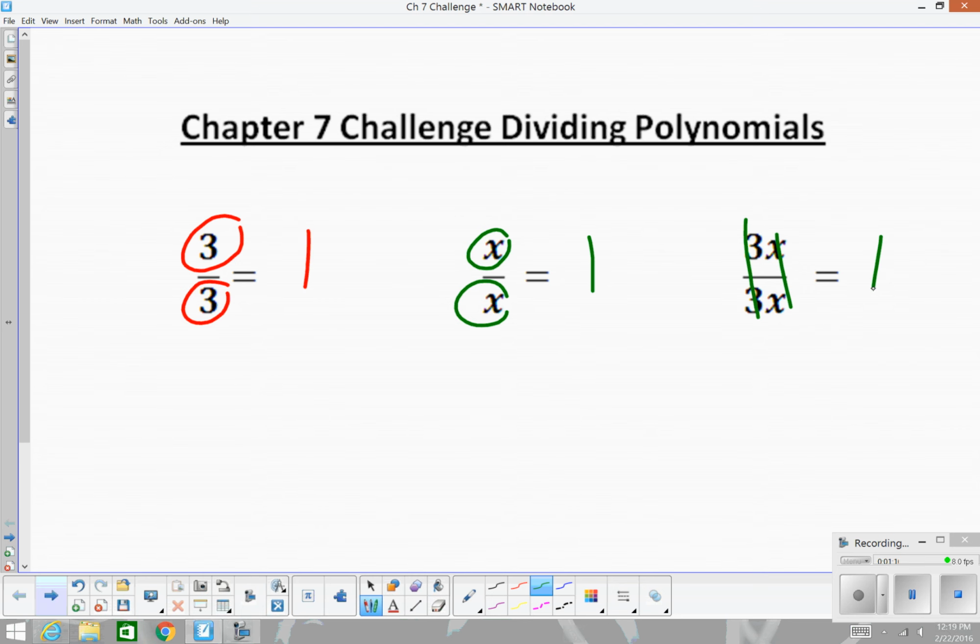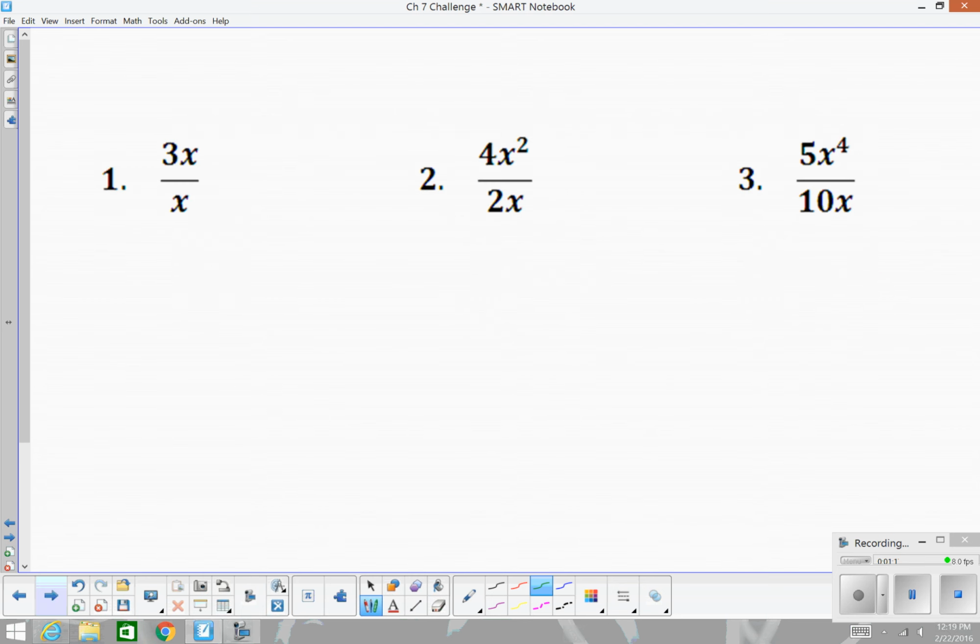Okay, good. So now, let's go through a couple of examples where you don't have exactly something over itself, but you can simplify it using the division of any number over itself. So if I have 3x, if you look at your numbers, I have a 3 there, and then in front of that 3, I have an invisible 1.